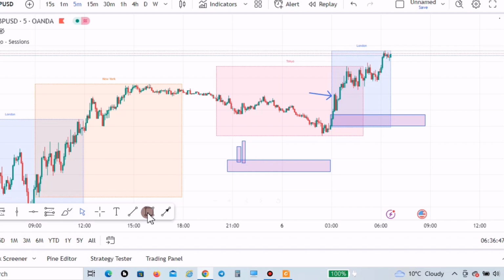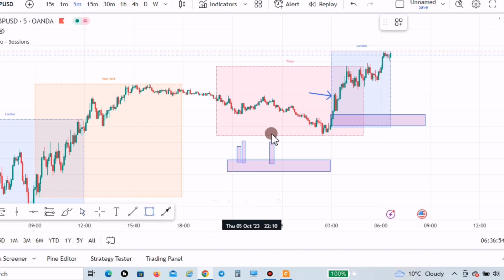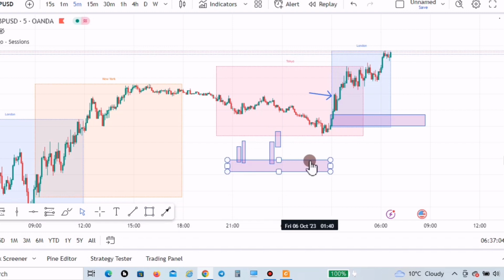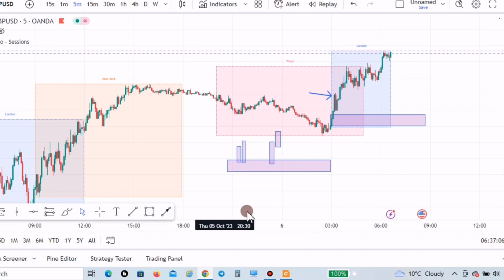On another scenario, you can have candles following each other like this, and the candle has to close in a full body, not the wicks. So these examples show that the price has closed above the key level.